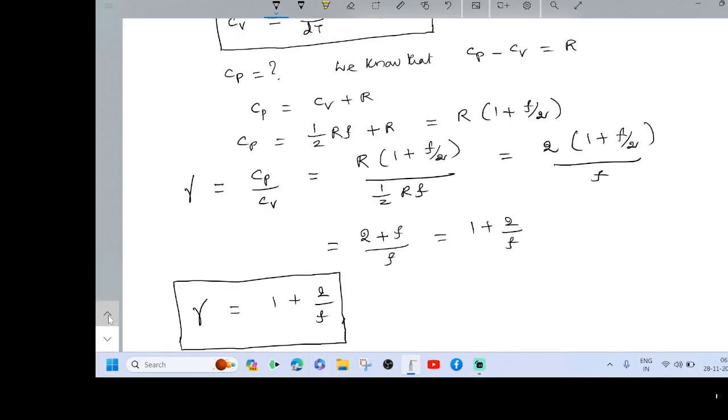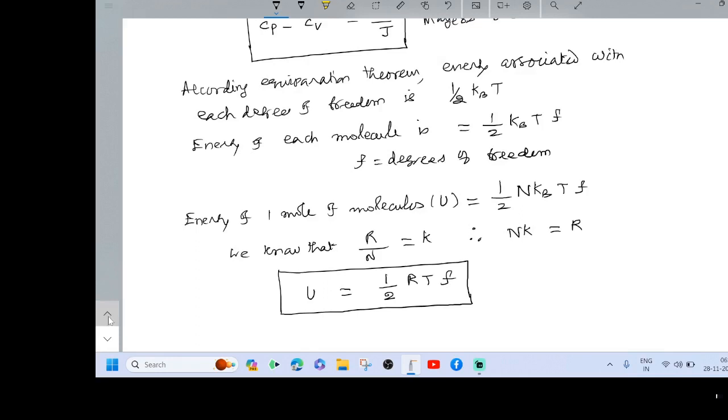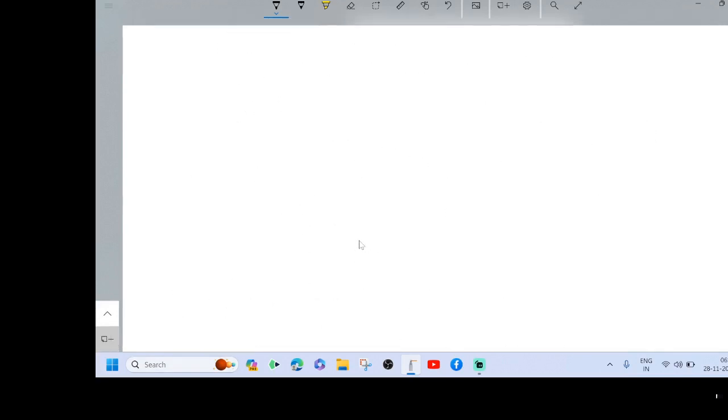See the formula for CV. Take the formula for U: U equals 1 by 2 RTF. For a monatomic gas, F equals 3. Therefore, U equals 3 by 2 RT.